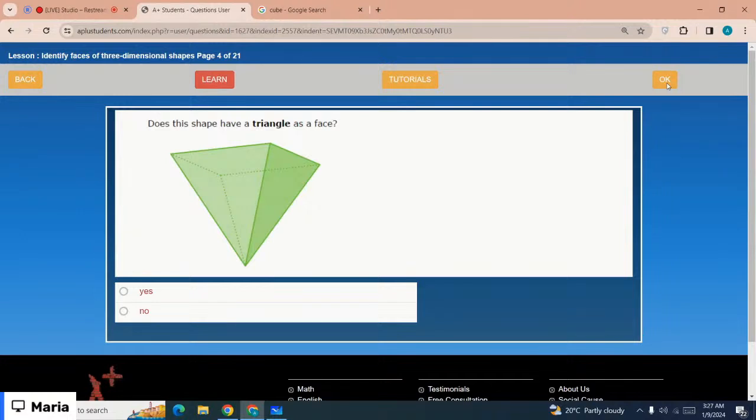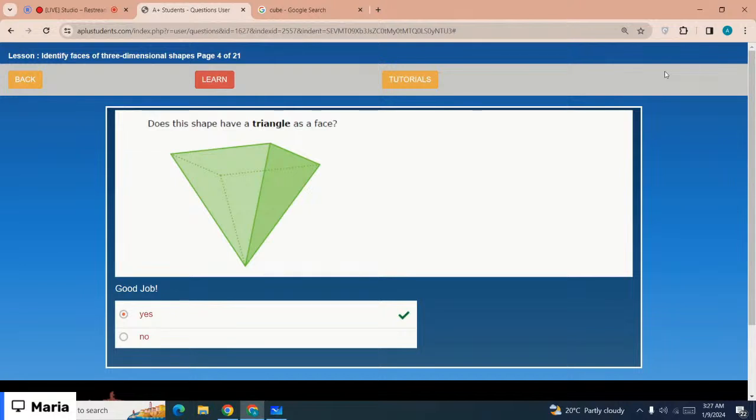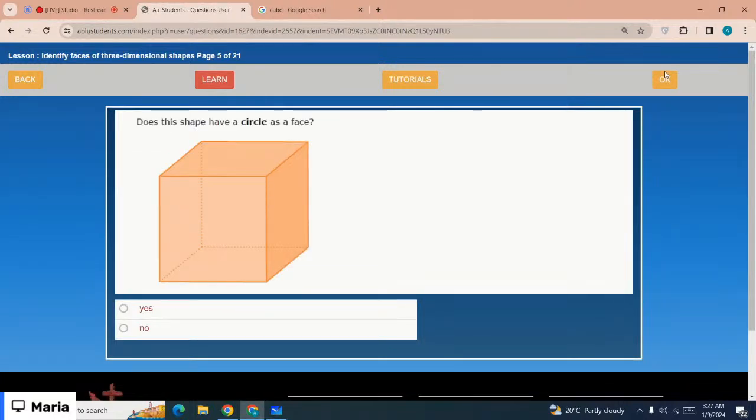Does this shape have a triangle as a face? The correct option is yes, the shape has a triangle as a face. The correct option is yes. Does this shape have a circle as a face?